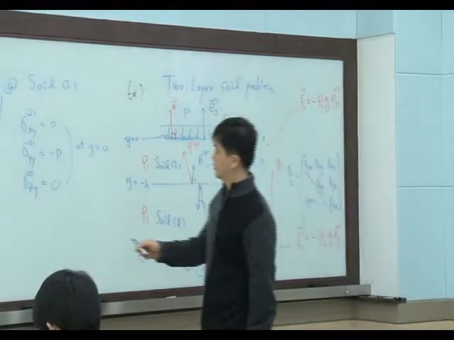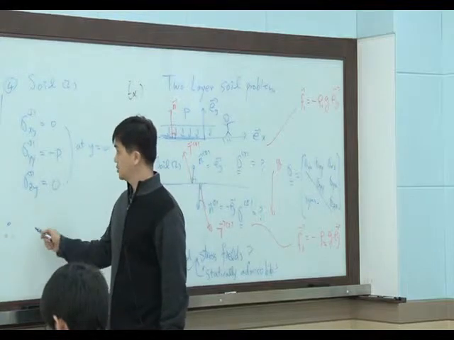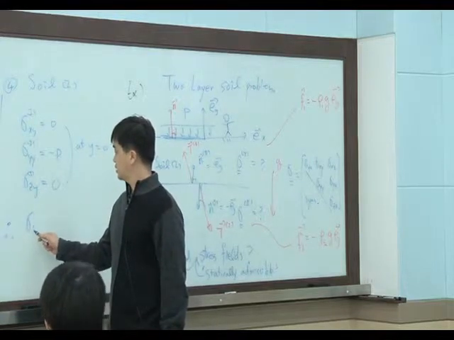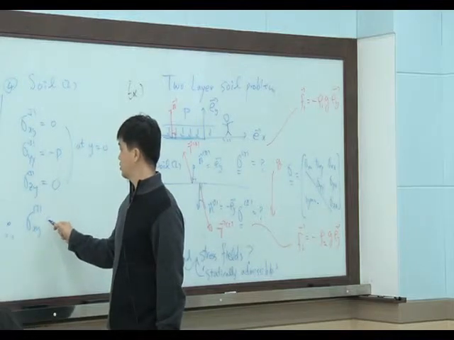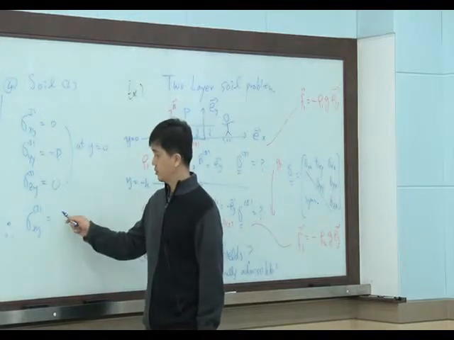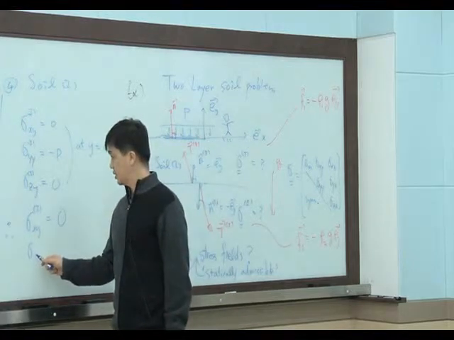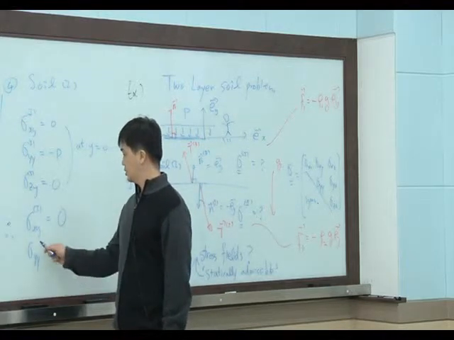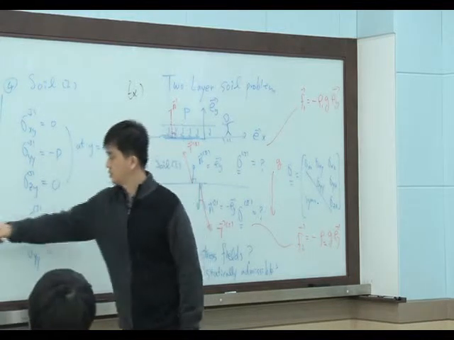Then, for soil layer 1, we have stress xy1 equal 0. For stress yy1, let's put y equal 0 here.